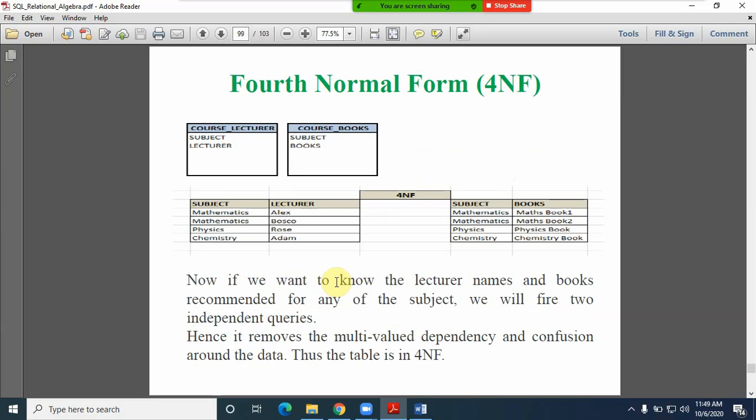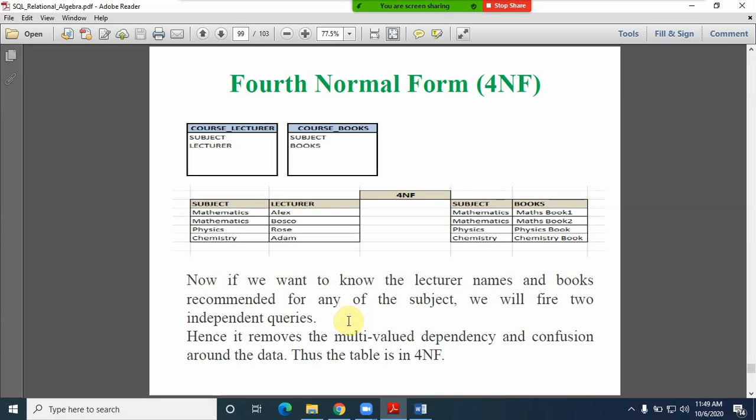So as to avoid that particular confusion, if you want to know the lecturer names and books recommended for any of the subject, we will fire two independent queries rather than a single query. In the earlier case, if you are maintaining the subject information as well as the lecturer information, automatically you will be getting multiple values for the query.